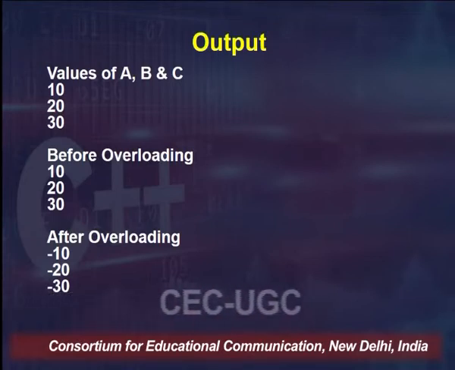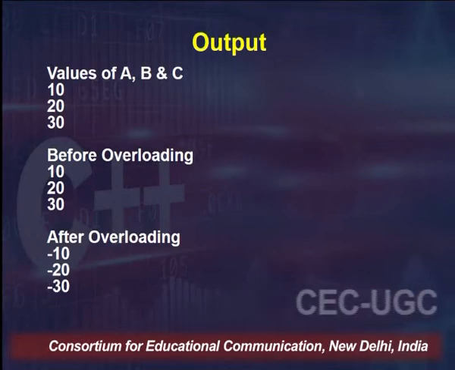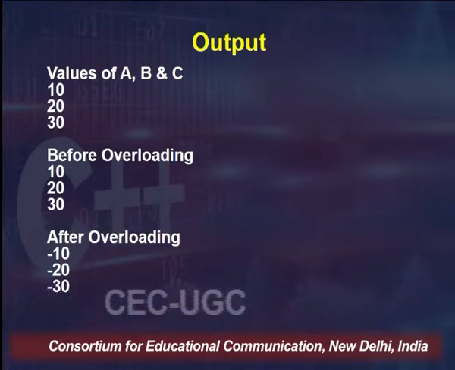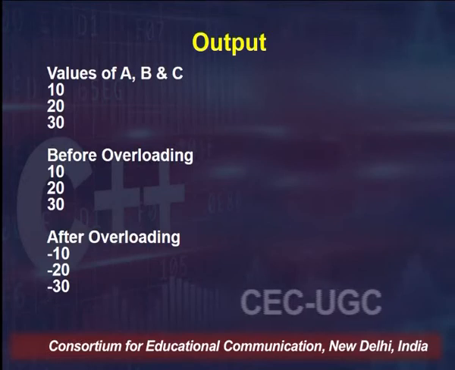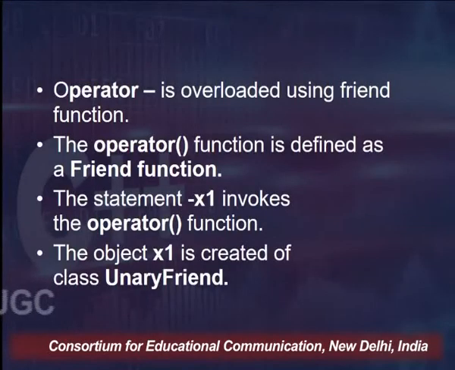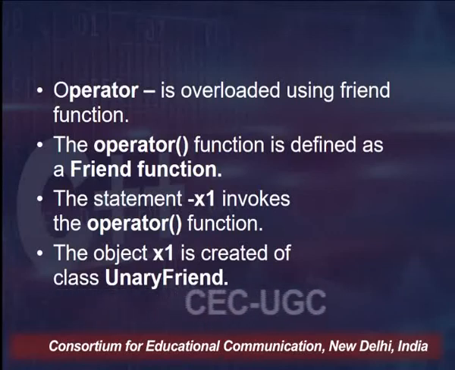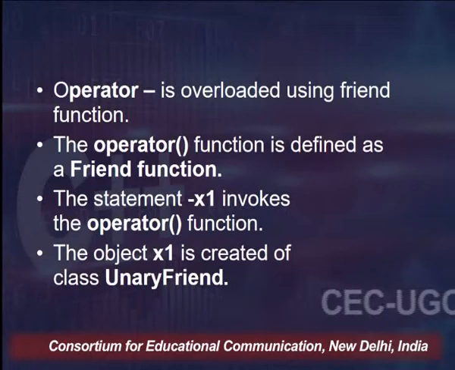So up to this point we have covered operator overloading using the friend function, and we have seen the scenario of a unary operator. The operator function is defined as a friend function, and the operator is overloaded using the friend function.